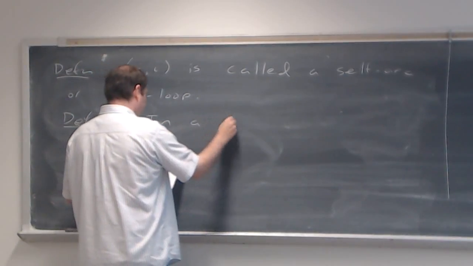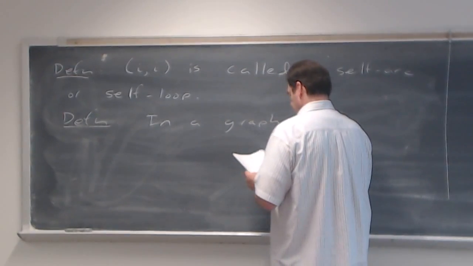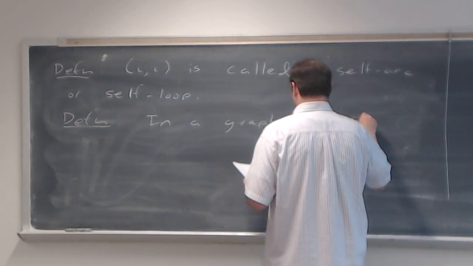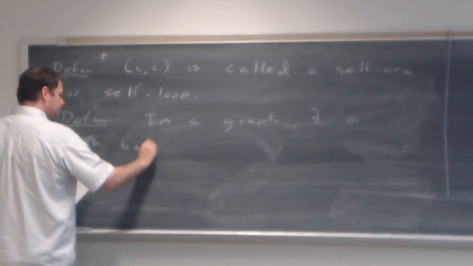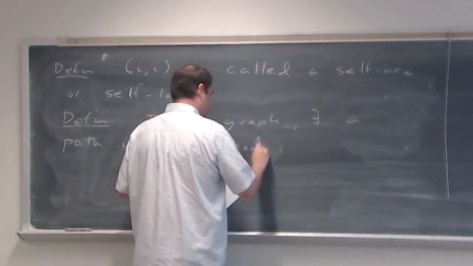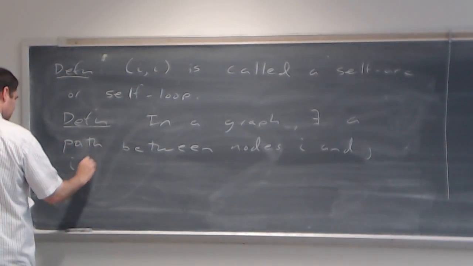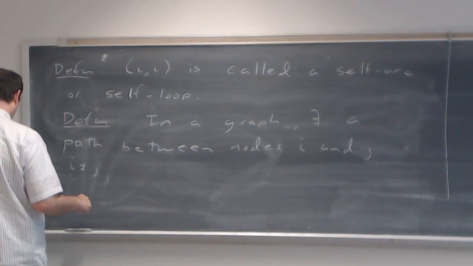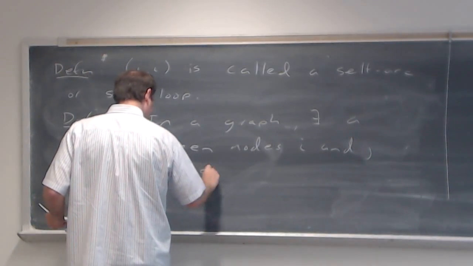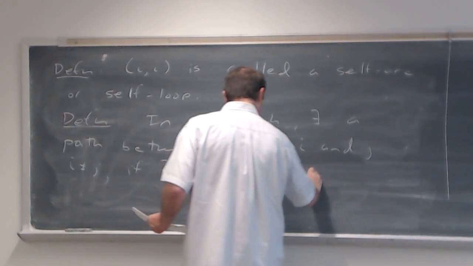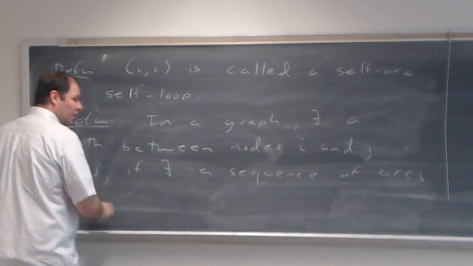So in a graph, there exists a path, so I'm defining what path is, between nodes I and J. We're thinking I being different than J. If there exists a sequence of arcs, so I should say a sequence of nodes.